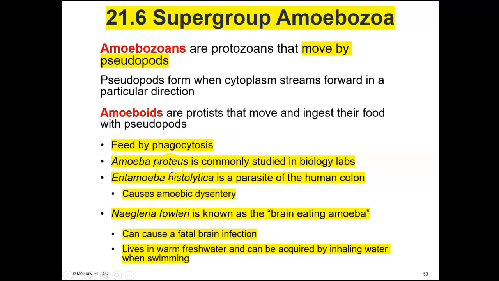Amoeba proteus is commonly studied in biology labs, and we're about to study an Amoeba proteus tomorrow. Entamoeba histolytica is a parasite of the human colon. You may have heard of the disease called dysentery.